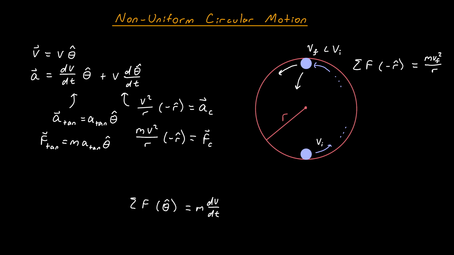Well, we have gravity, of course: mg in the minus r hat direction. And we also have some normal force, n, coming from the track itself. And the sum of those two has to equal mvf squared over r. So the conceptual idea is that if this equation can hold true for some normal force, then the ball will move in a circle.